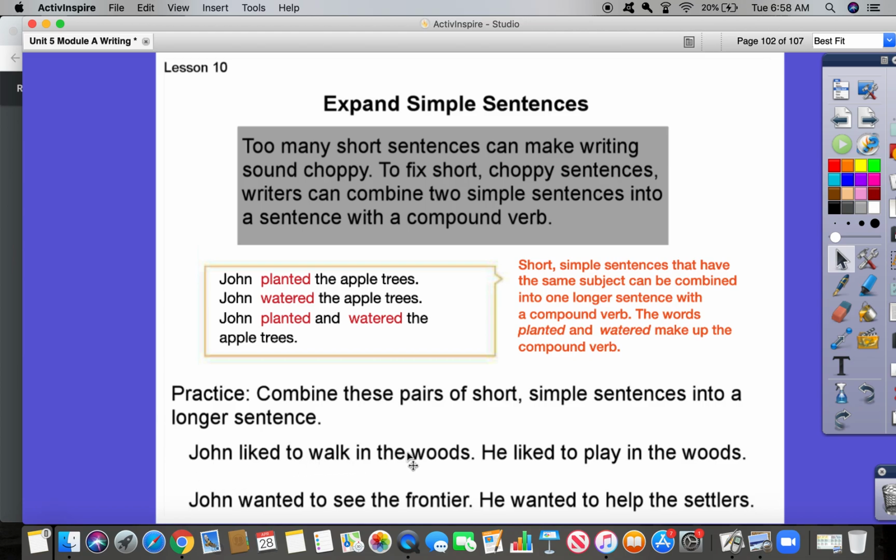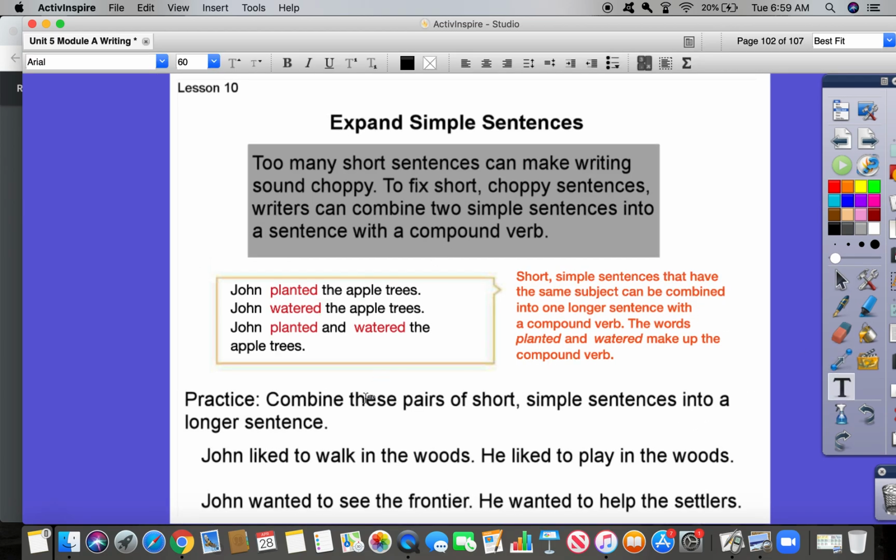So John liked to walk in the woods. He liked to play in the woods. So what do you think that would be? Okay, we have the same subject, John, right? This pronoun is replacing the word John. So we could say, John liked to walk and play in the woods. So let me type that out to show you what it would look like.